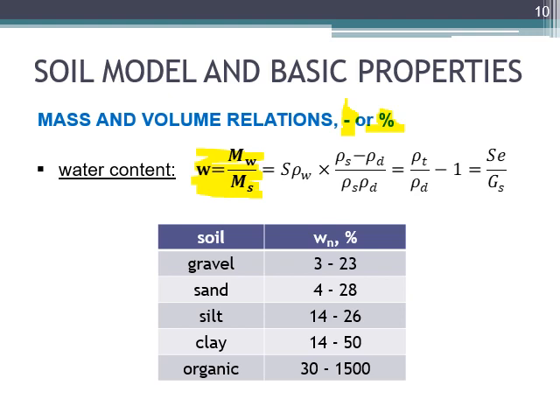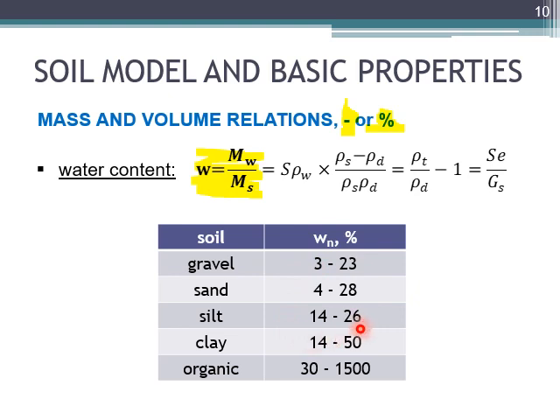The natural water content of soil depends, of course, on the soil type. Because gravel, sands, silt, they cannot absorb much water. That's why the maximum natural water content will usually be less than 30.